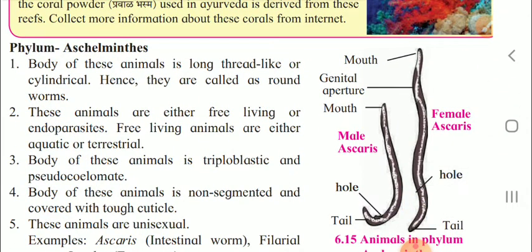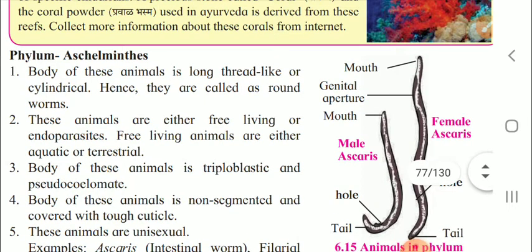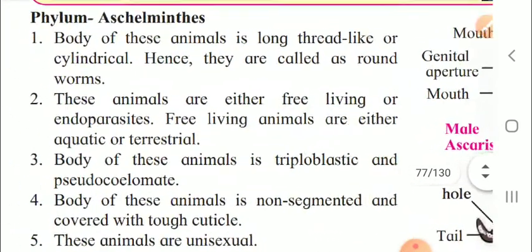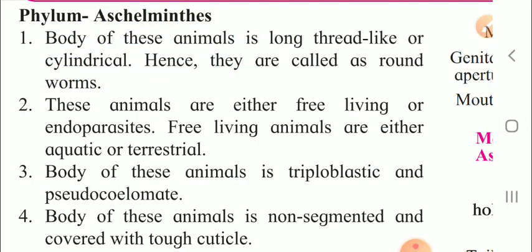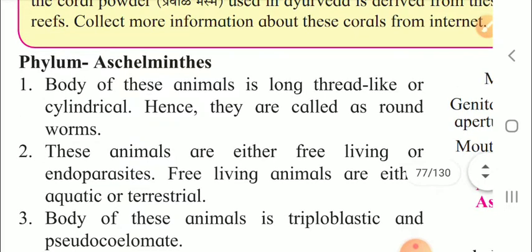Now, let us start with the phylum Aschelminthes. Here, first of all, I will tell about the features of Aschelminthes. You can see here what are the important features of the Aschelminthes.